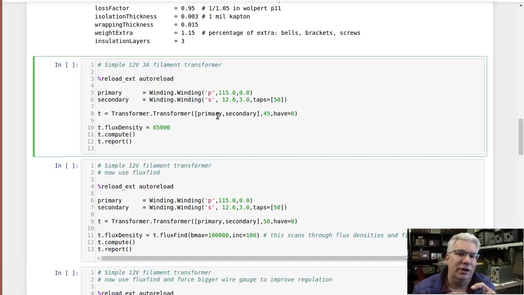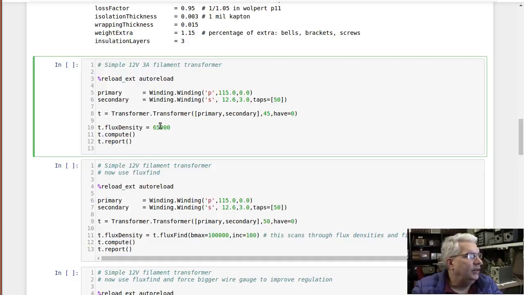And then I read something else that says don't do it that way, because if you have the fine gauge wire on first and you try to put the heavy gauge wire on after, you may end up crushing the fine gauge wire from the wire tension of the heavy gauge. I don't have enough experience in winding transformers to know which way to go, but you can definitely change that here by changing the order in which your windings are put into this array when you're instantiating the transformer class.